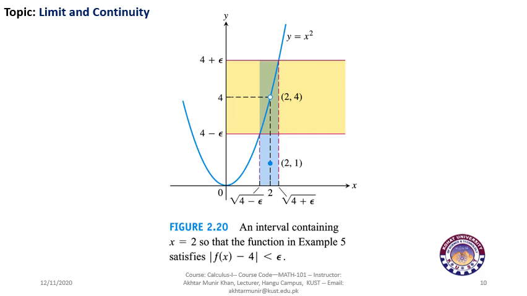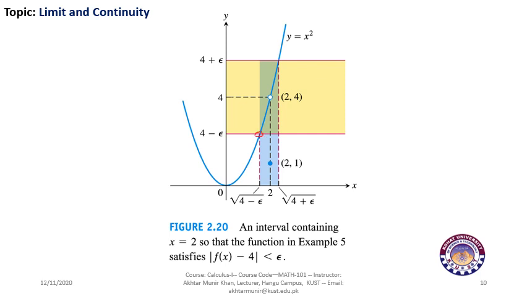So we have y equals x square as a function, and we selected an arbitrary epsilon which is strictly greater than 0, and we are trying to find a corresponding delta at the point x equal to 2. So we can see that corresponding to this epsilon, let us assume this is 4 minus epsilon, intersecting y equals x square at this point.